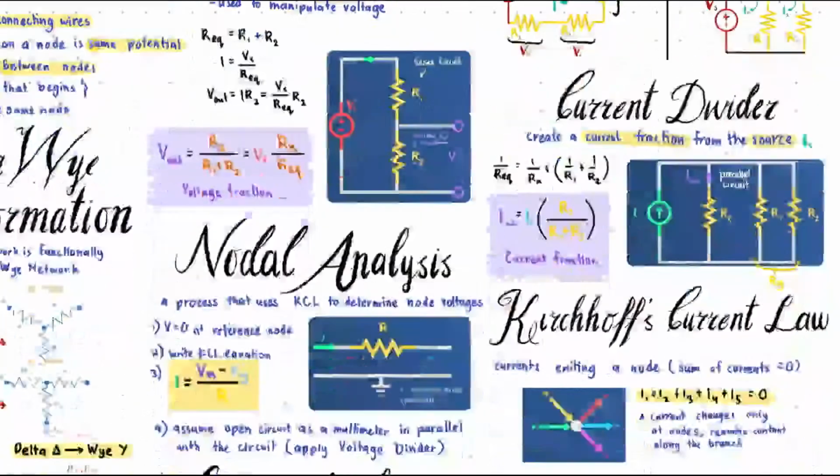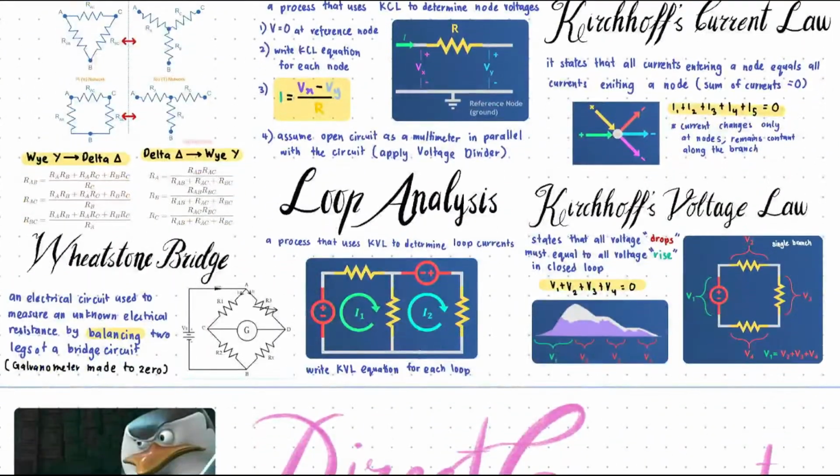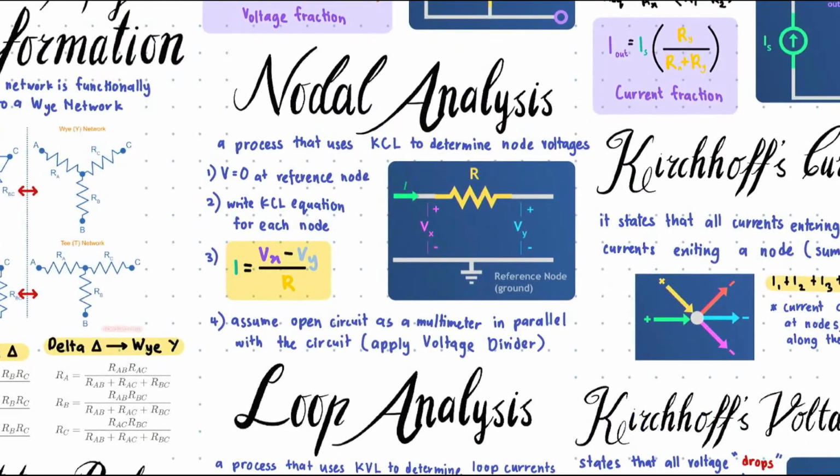So now we talk about nodal analysis. So a nodal analysis is a process that uses KCL to determine node voltages. So we assume that the voltage, the potential at the reference node is 0. This one. This is called a reference node.